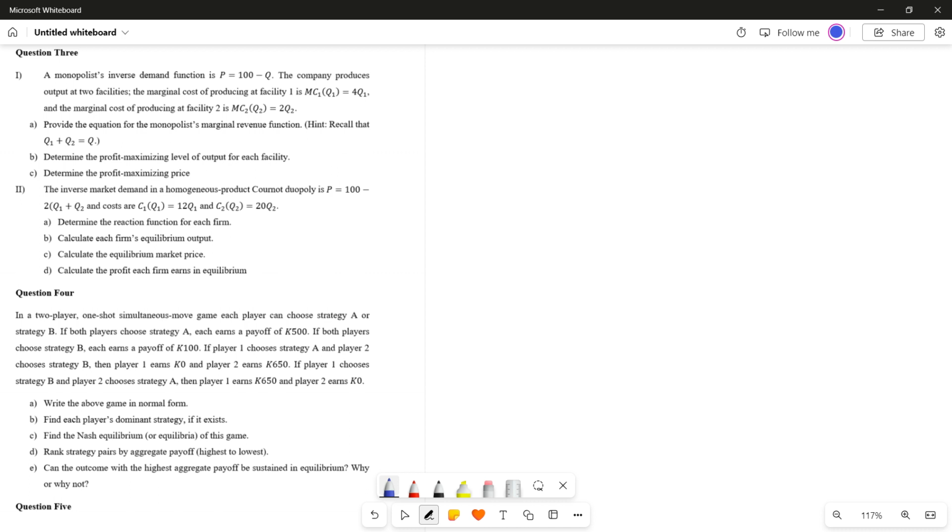Okay, so last time we made the distinction between the two, and then we went on to get the reaction functions for each firm, right? Remember those steps.